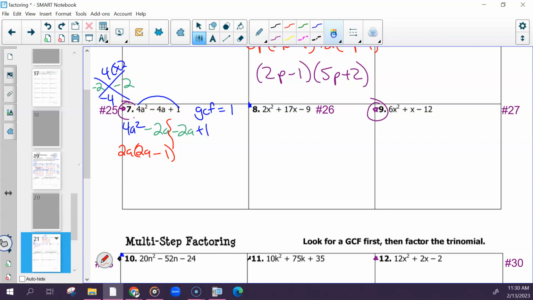Okay. What do the last two have in common? Nothing but 1. But it would be negative because this one's negative. Okay. So if we divide out a negative 1, what would be left from both of these?